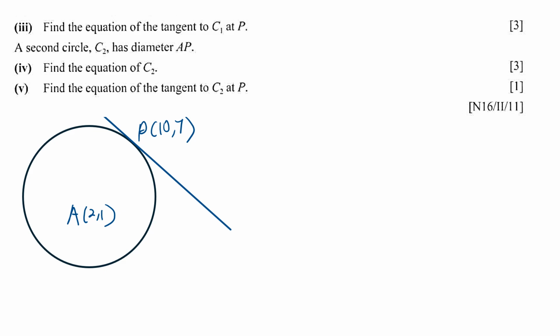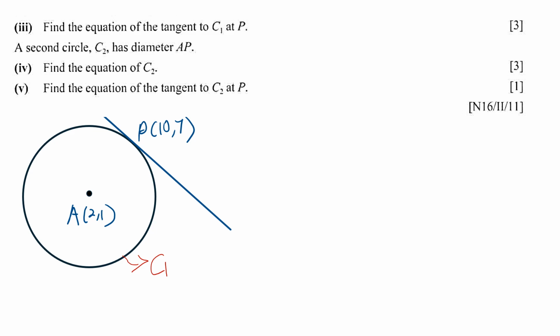What do you think is the location of this circle C2? Yes, this C2 would have to be smaller than C1, right? Since the radius of C1 is the diameter of C2, then obviously C2 must be inside your C1. This is C1. So C2 has to be inside your C1, and it has to have diameter AP.